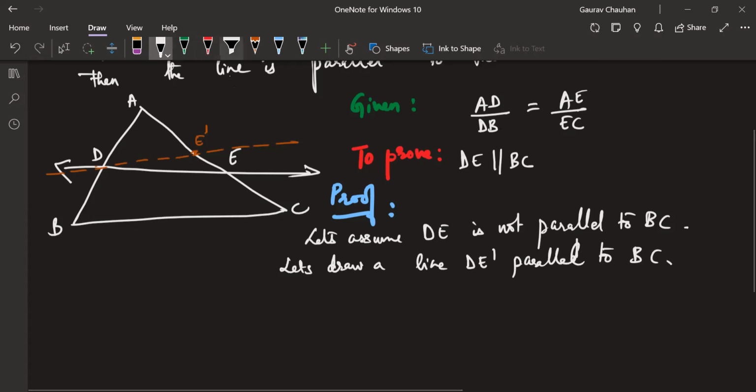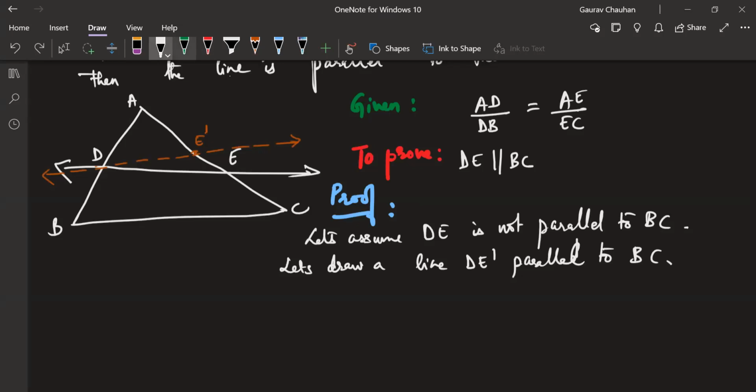I'm writing line; do you remember, line is okay when we are thinking of it like this. No need to draw that in 10th grade. We are clear about what line and line segment are. Now let's draw a line DE dash parallel to BC, which is intersecting AC at E dash.